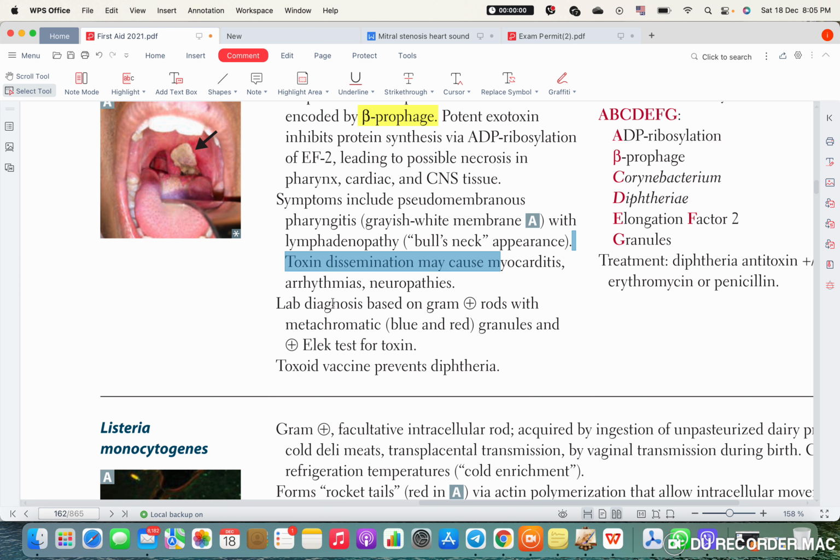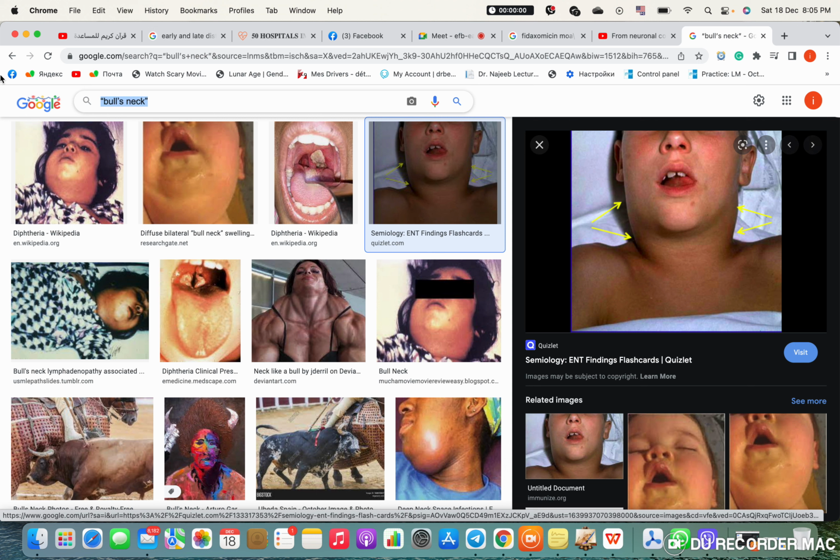So the lab diagnosis is based on the gram-positive rod with metachromatic granules and the Elek test for toxins. So let's take a look first of all at the histology of diphtheria.